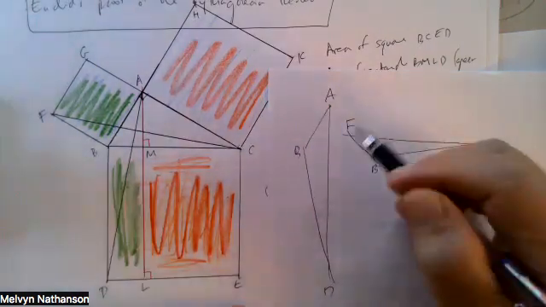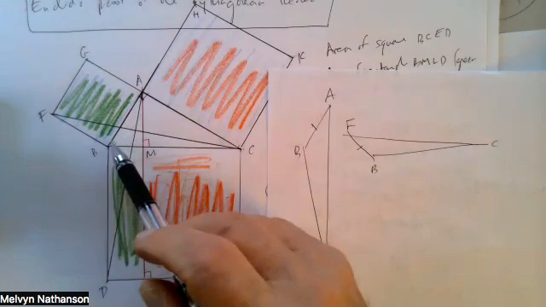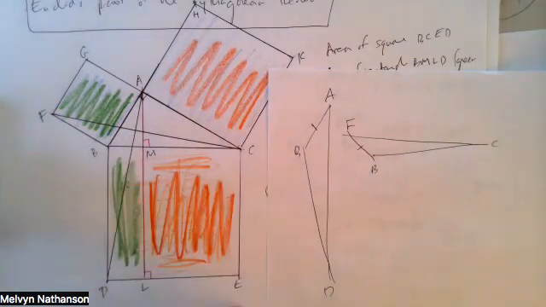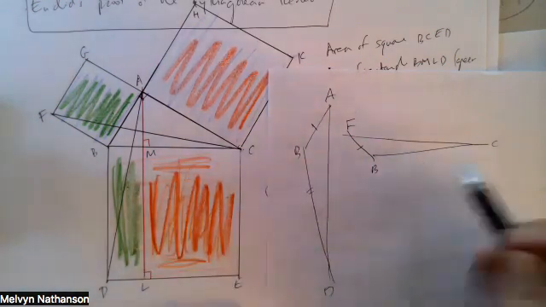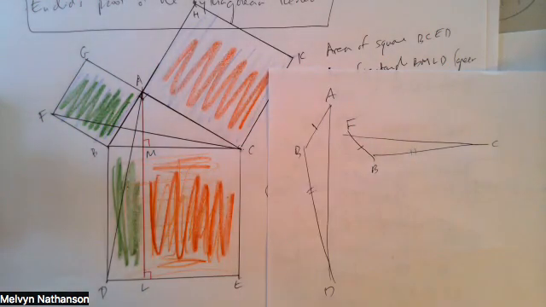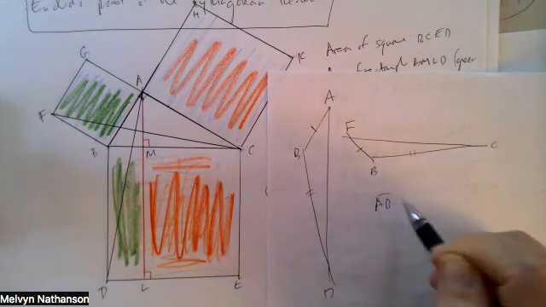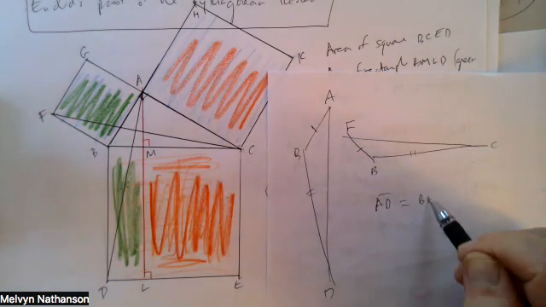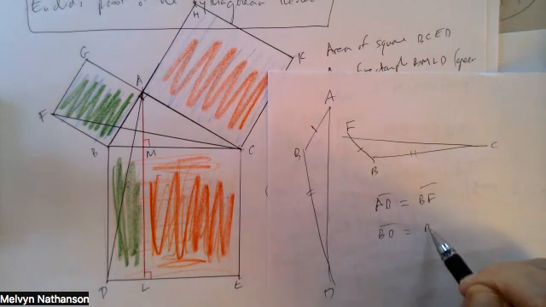And I just said that AB and FB are sides of a square, so they have the same length. And BD and BC are sides of a square, so they have the same length. AB equals BF, BD equals BC.